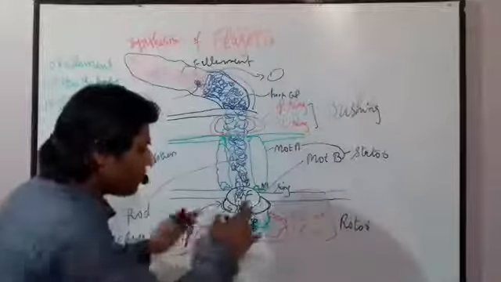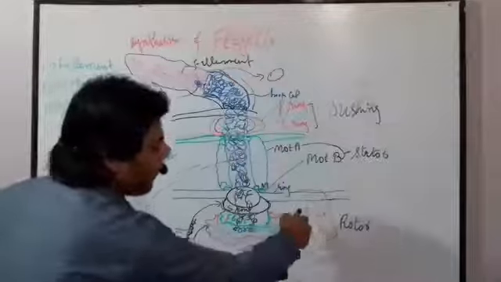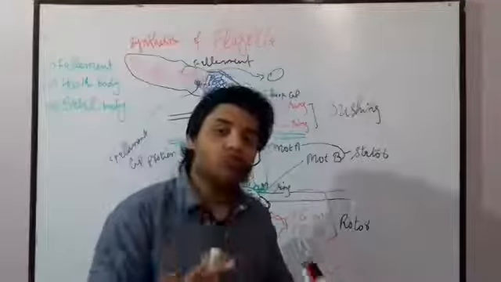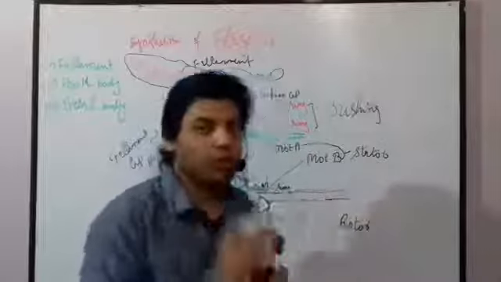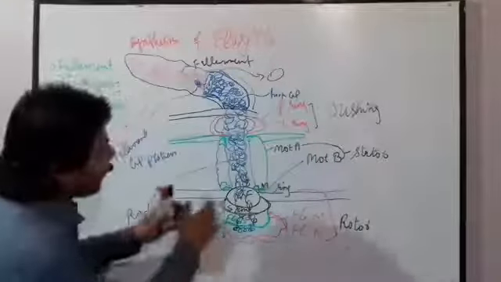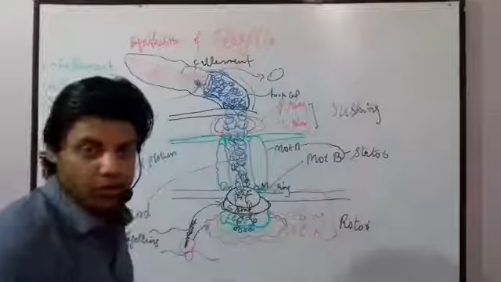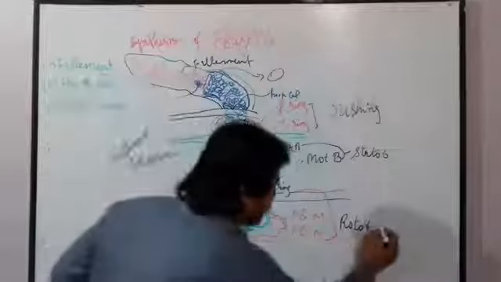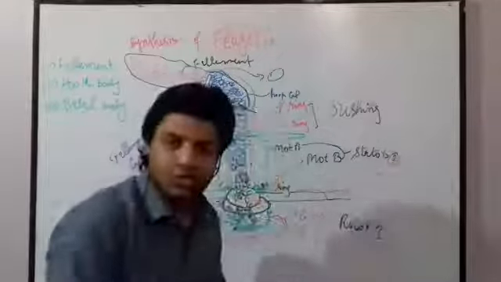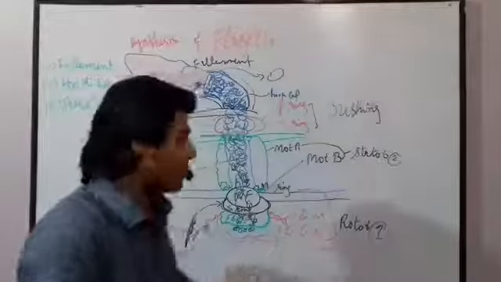After FliG protein is made, they can make FliM and FliN, and then the rotor portion will be formed. So first of all the rotor portion will be formed. After the rotor portion, the second portion is the stator portion, which is usually fixed.